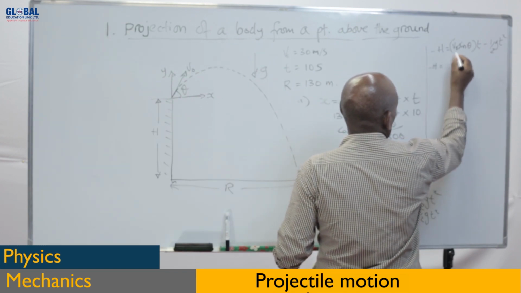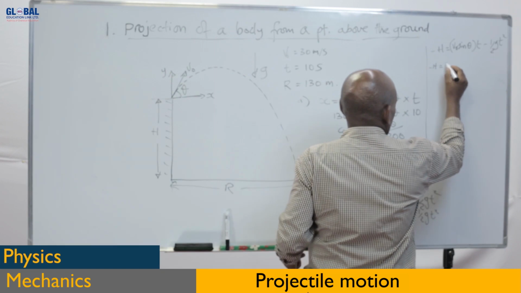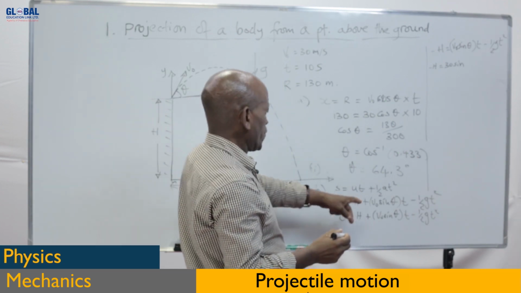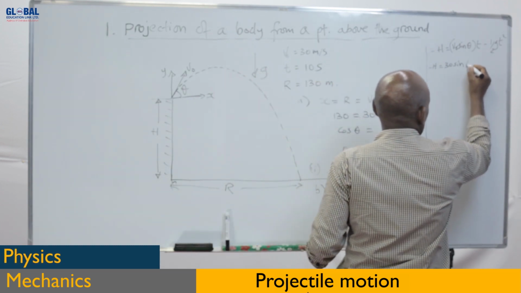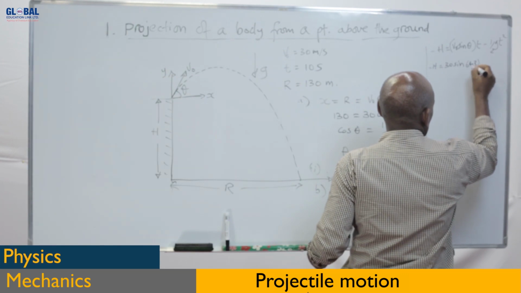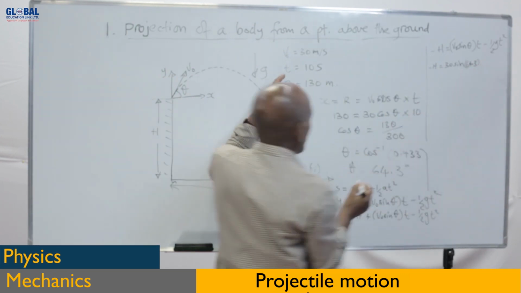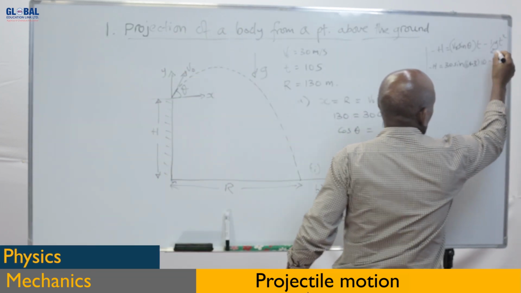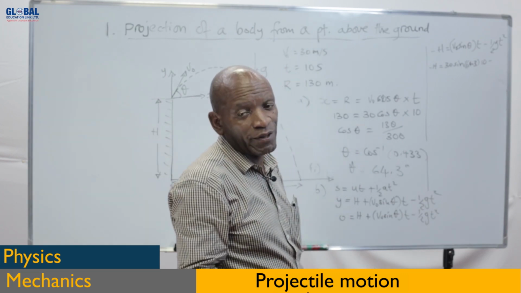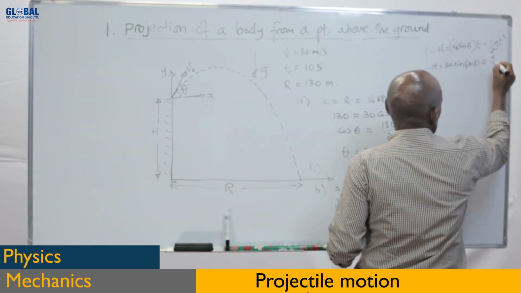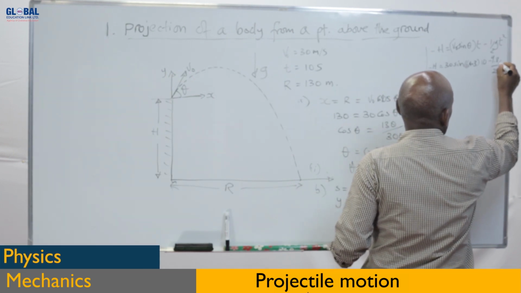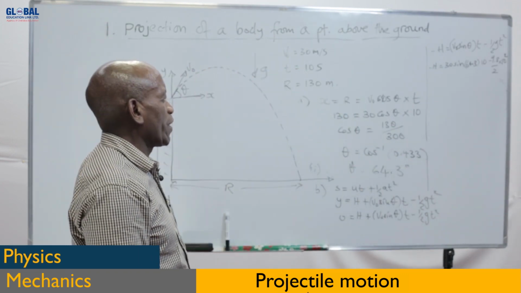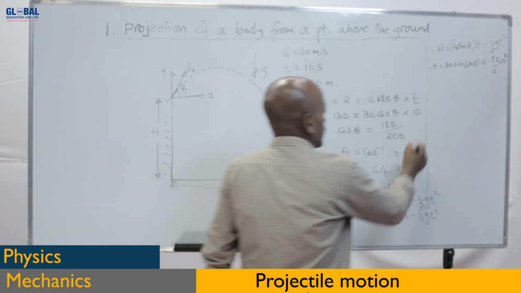So minus h will be equal to v naught, which is 30 meters per second, times sin theta, the sine of that angle 64.3, times the time of flight, that is 10 seconds, minus a half gt squared. The g is 9.8 over 2, and the time is 10 squared. So we can compute that and determine what h is.